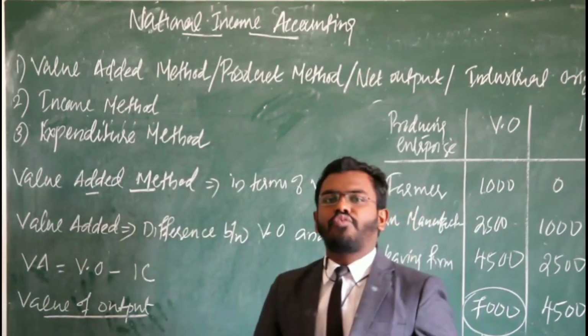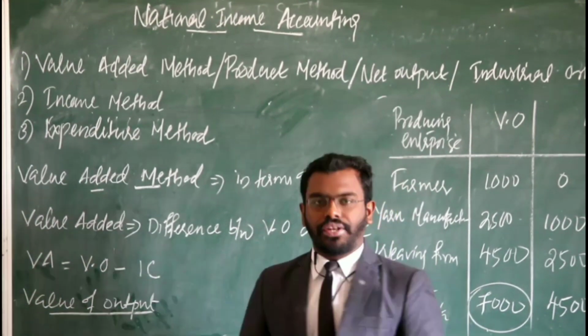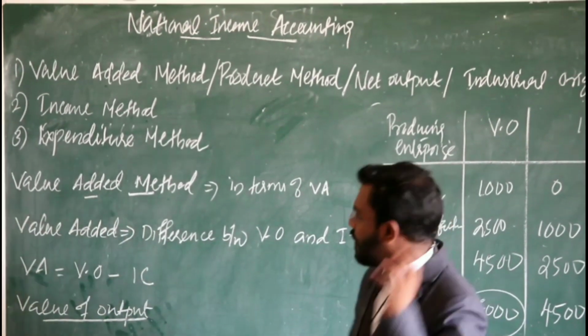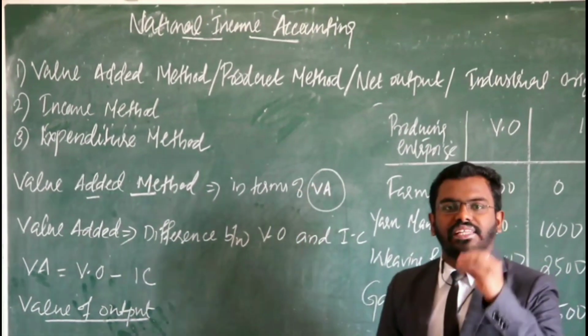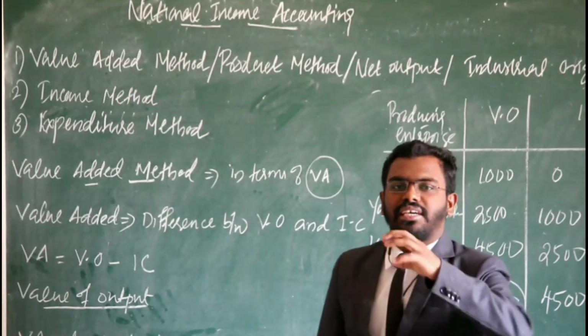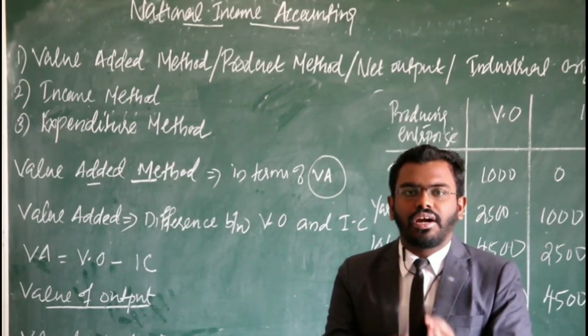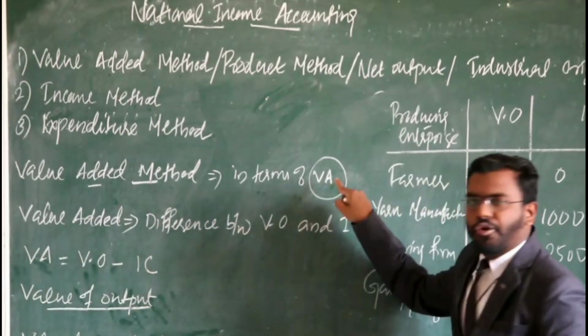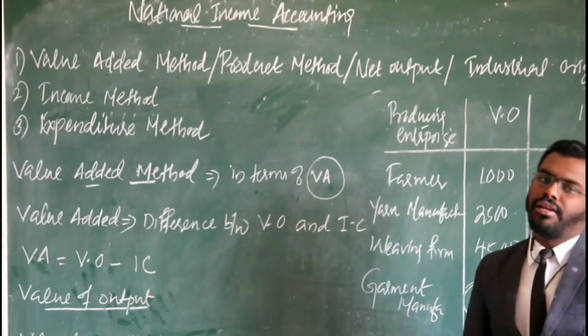In the case of the value added method, national income is calculated in terms of value addition of each and every enterprise in an economy.